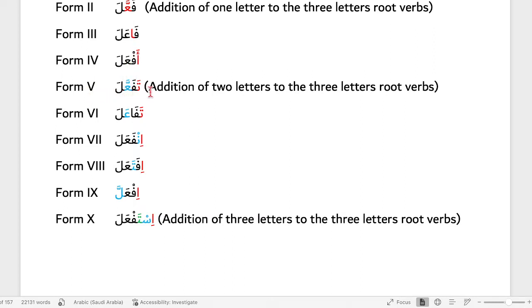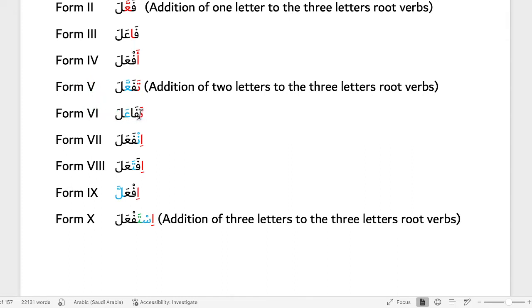Form 5, tafa''ala. So here two letters are added, ta and the doubling of the middle letter. In other words, you can make this form by adding ta to form 2. So you see fa''ala, one letter was added here. This is tafa''ala, two letters are added here, and that is called form 5. Form 6 is tafaa'ala.